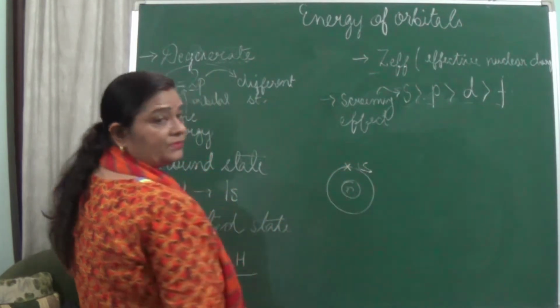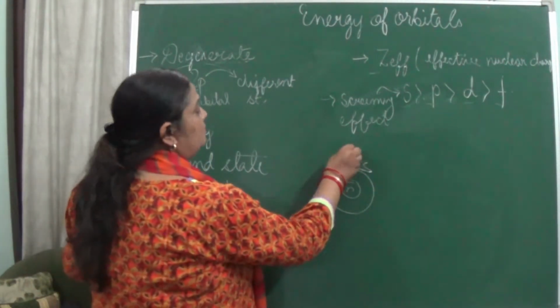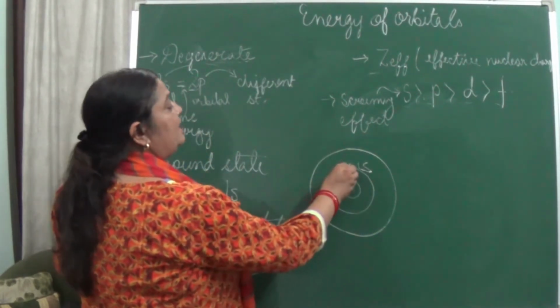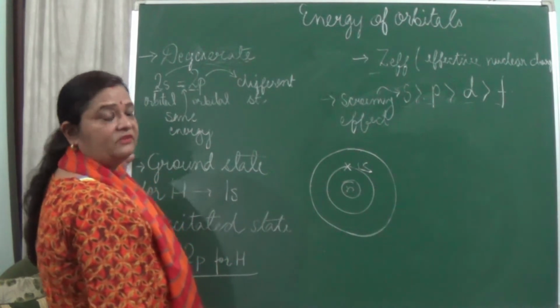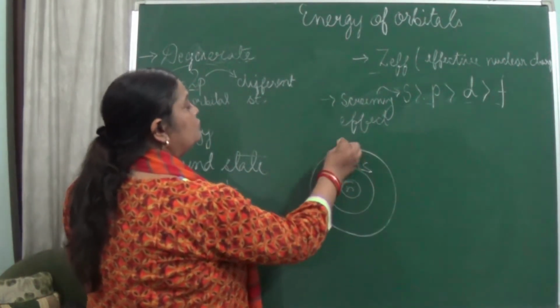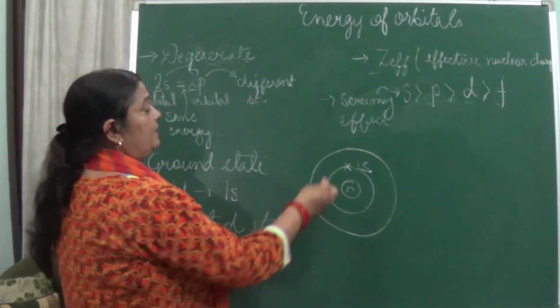1s. But when we talk about the excited state of hydrogen, suppose we provide some energy to this electron, then it can move to the upper energy shell, that is, the second energy shell.